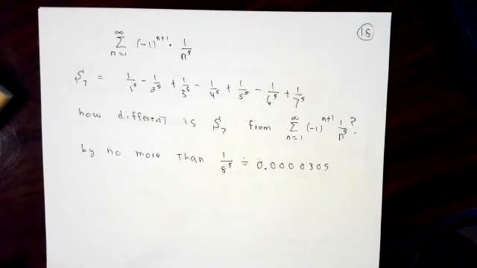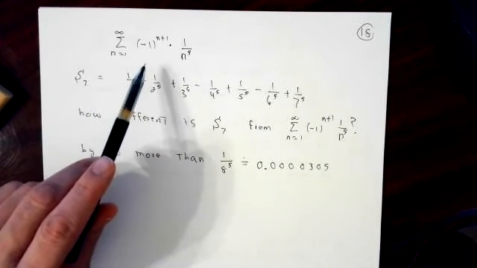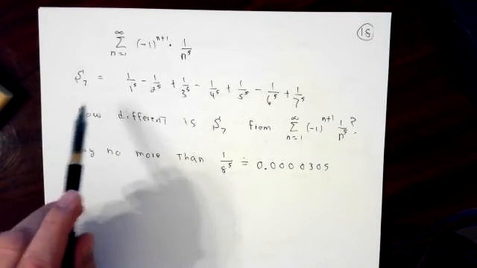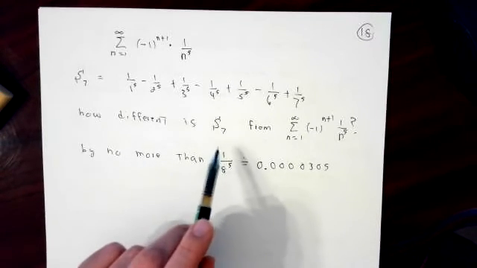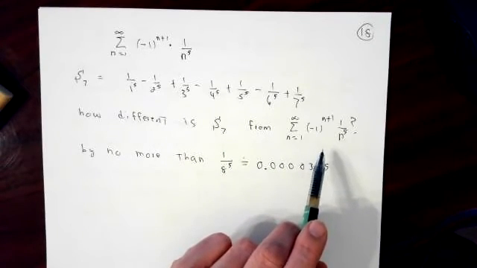So for example, suppose I had the infinite series, the sum from n equals 1 to infinity of negative 1 to the n plus 1 times 1 over n to the 5th power. Suppose that you calculated S_7, which is this quantity. I'm not going to bother writing that out as a decimal because I'll do that in some upcoming examples. A perfectly reasonable question for a person to ask themselves is, how different is the value of this partial sum from the true value of the infinite series?